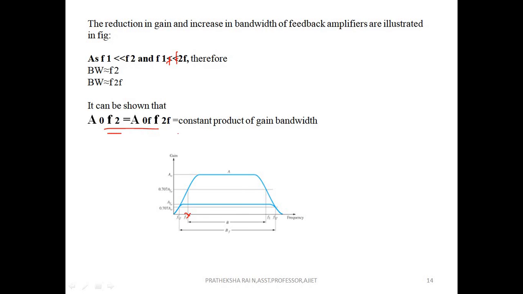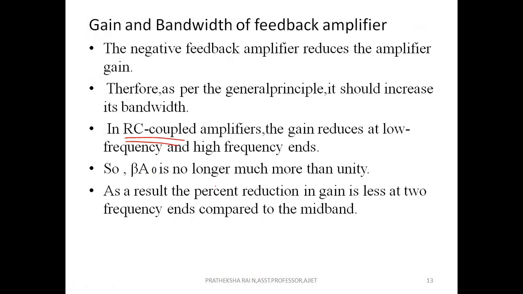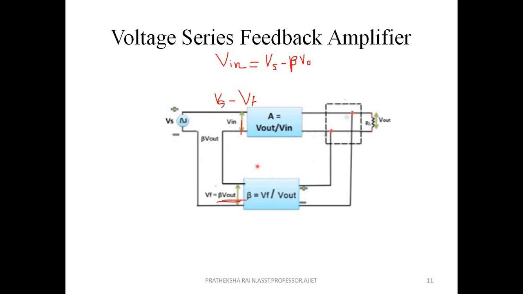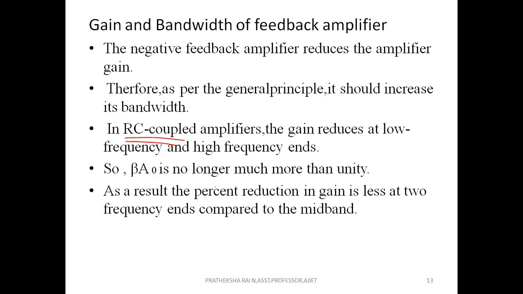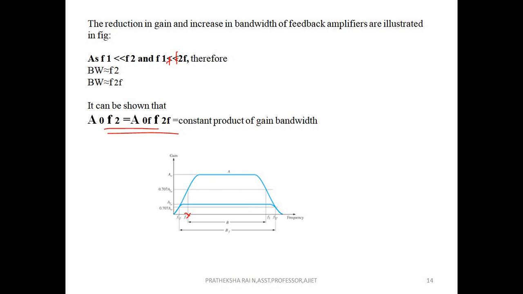With this equation, the constant product of gain bandwidth, you will end up with this answer. So this is all about the voltage series feedback amplifier. For the voltage series feedback amplifier, you have to write the gain and bandwidth constant product with and without feedback. These are the important questions that can be asked in this particular module, that is module 4.